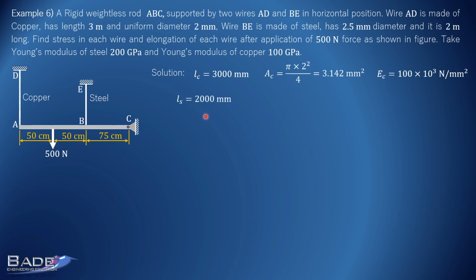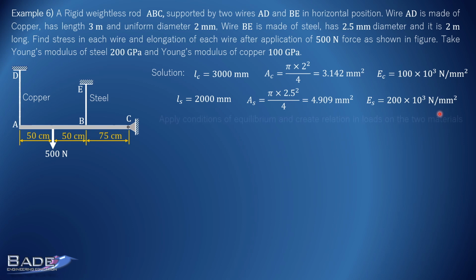Length of steel wire is 2 meters. Cross sectional area, with 2.5 millimeter diameter, accordingly we got 4.909 millimeters square. And Young's modulus of steel is 200 into 10 raised to 3 Newton per millimeter square.